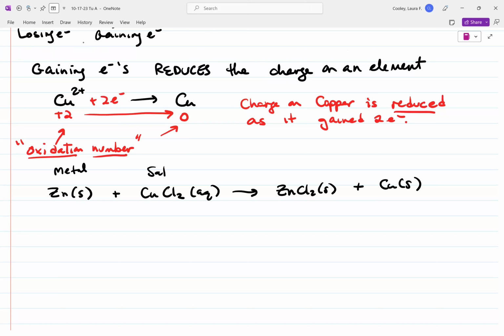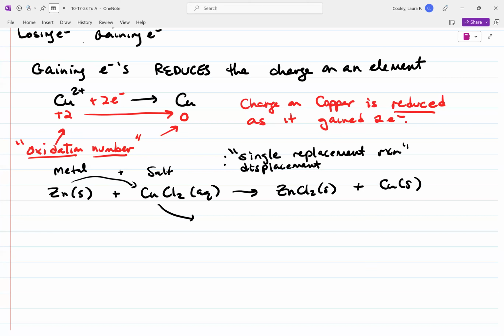This is a salt. Okay, but it's sometimes also referred to as a single replacement reaction, where the zinc replaces the copper. It's also often called single displacement or displacement. You will see these types of names for this type of reaction.